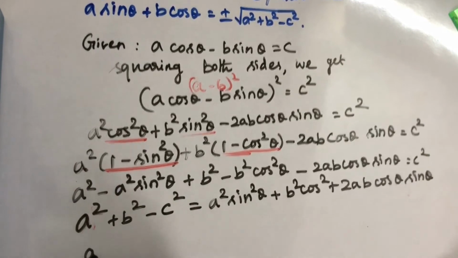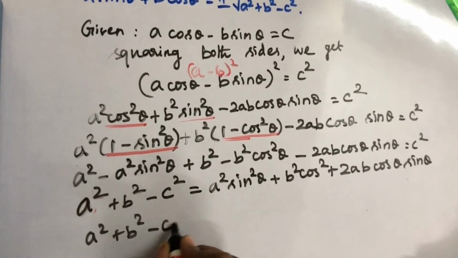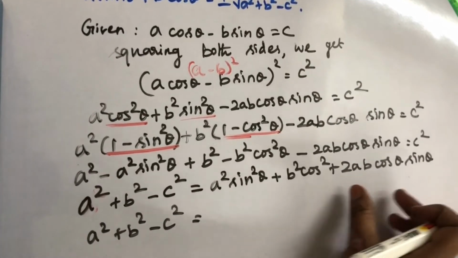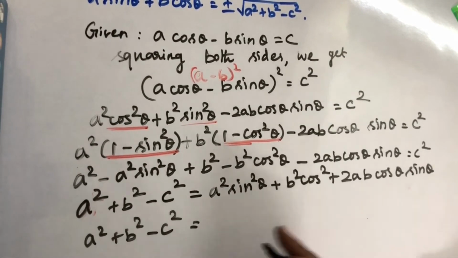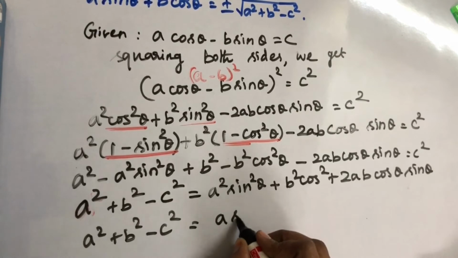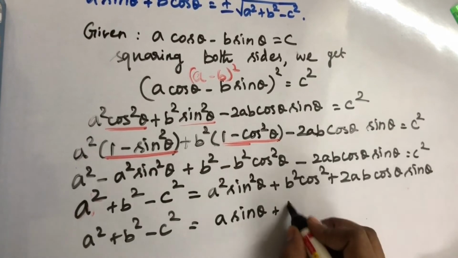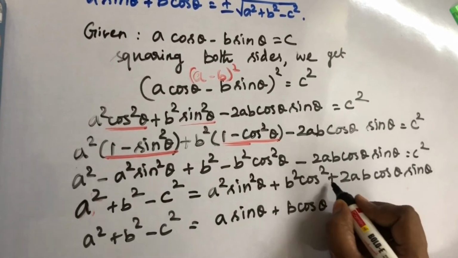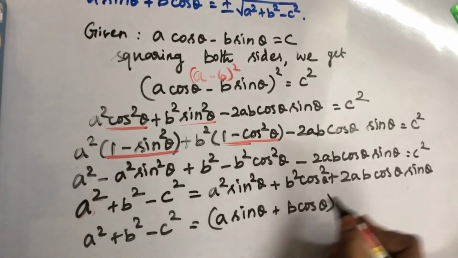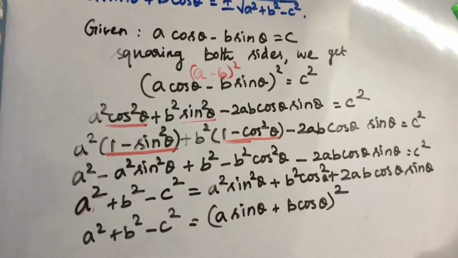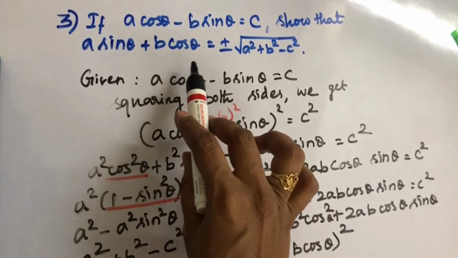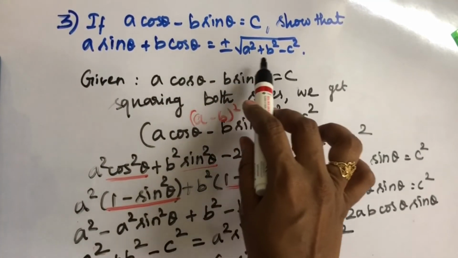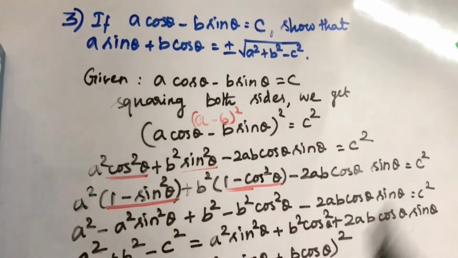So A square plus B square minus C square is equal to, this is in the form A plus B the whole square, A square plus B square plus 2AB. So I can write it as A sin theta plus B cos theta the whole square. What do we need to prove? A sin theta plus B cos theta is equal to plus or minus square root of A square plus B square minus C square.